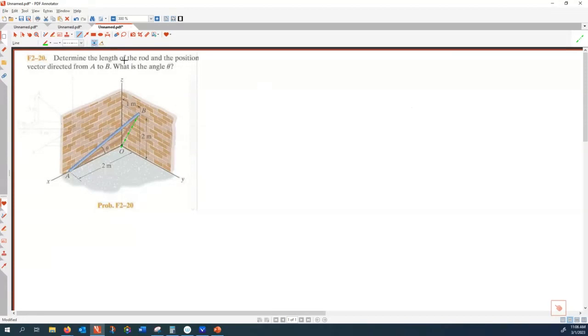So starting with AB, I suggest this path. First, I go from A to O, and then from O underneath B in the y direction, and eventually we go vertically up to point B. So AB is minus 2i.